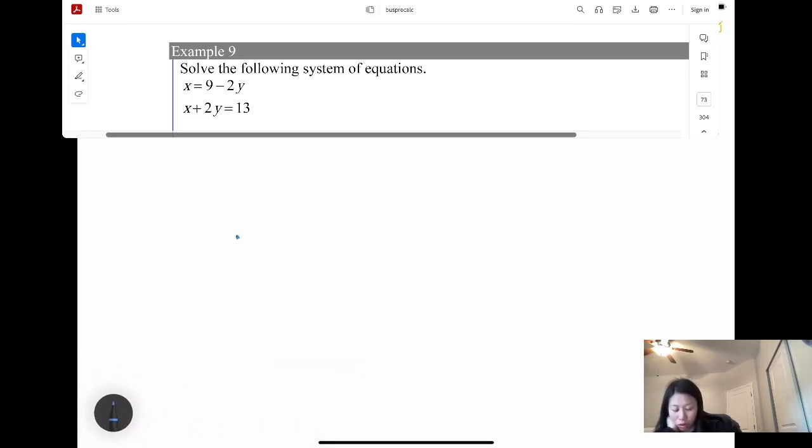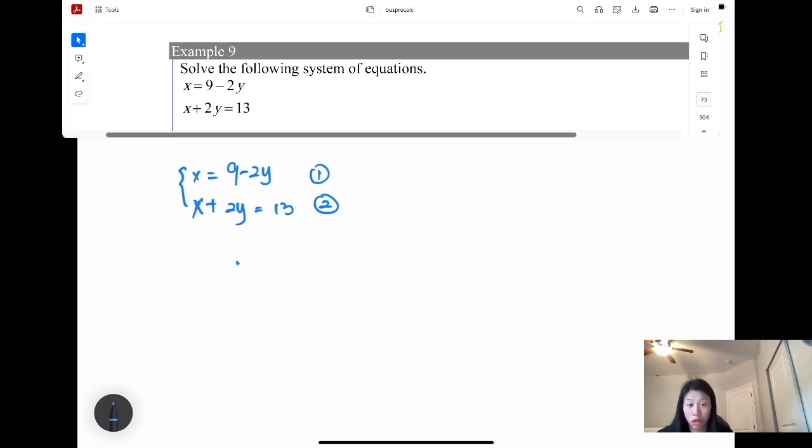In this one, I would use either substitution or addition. It looks like I will use substitution because one is easier. It's already given, x equals 9 minus 2y. I can just substitute x equals 9 minus 2y into the second equation.